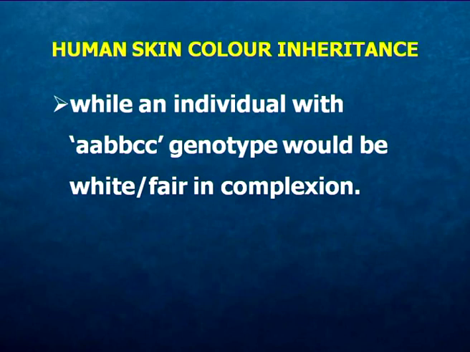Would be extremely dark, while an individual with recessives small a, small b, small c, అంటే homozygous for the 3 pairs of recessive alleles, this genotype అంటే small a, small b, small c, genotype would be white or fair in complexion. దేహ శరీర ఛాయలో శ్వేతవర్ణం కానీ బాగా ఇది కానీ ఉండటం జరుగుతుంది.